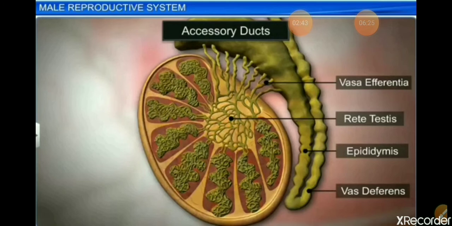From vasa efferentia it will pass on to the epididymis, and from the epididymis it will pass on to the vas deferens. Can you understand the sequence? From seminiferous tubules to rete testis, rete testis to vasa efferentia, vasa efferentia to epididymis, epididymis to vas deferens.